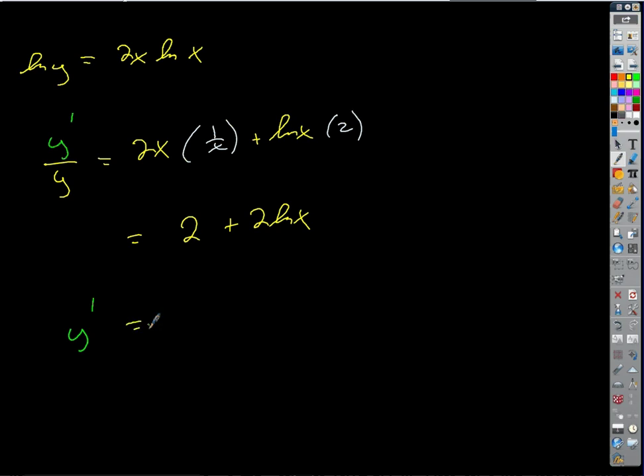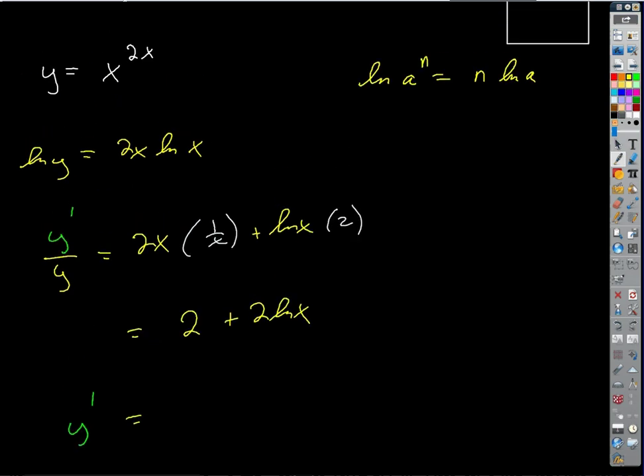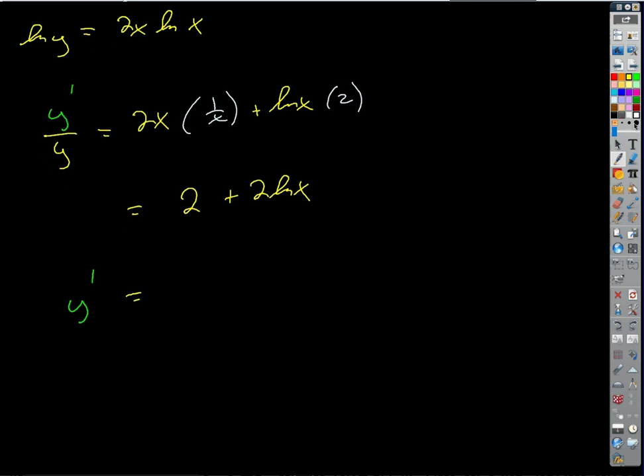we get our original definition of y, which is x to the 2x times this. And I could factor a 2 out, couldn't I? If I wanted to. I won't though, for a second. Well, there's really nothing we can do there, so I probably would be better taking 2 out.